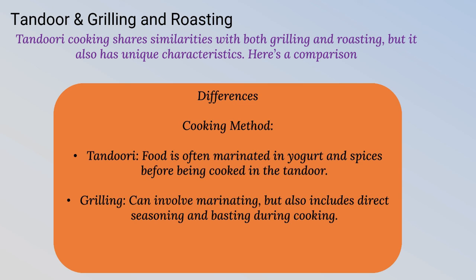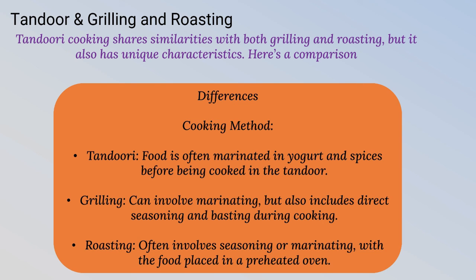It can be marination, it can be instant marination also, and sprinkling salt and pepper on top. So it can be done in both ways. In case of roasting, it often involves seasoning or marinating, with the food placed in the preheated oven. So in case of tandoor, we need a marination. In case of roasting, we need a marination. In case of grilling, we need both, either a marination or instant marination. Clear?